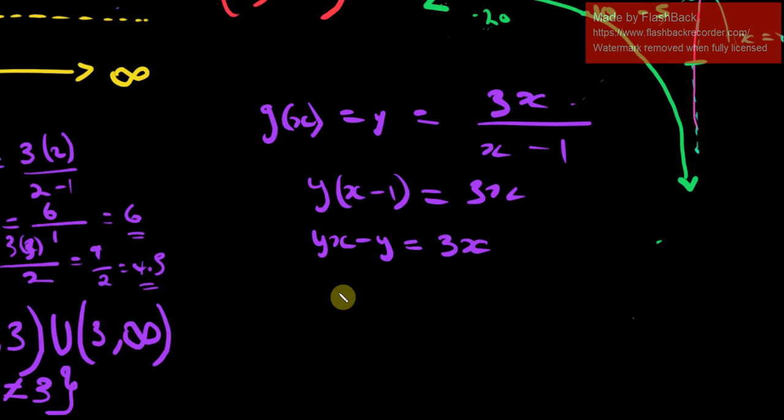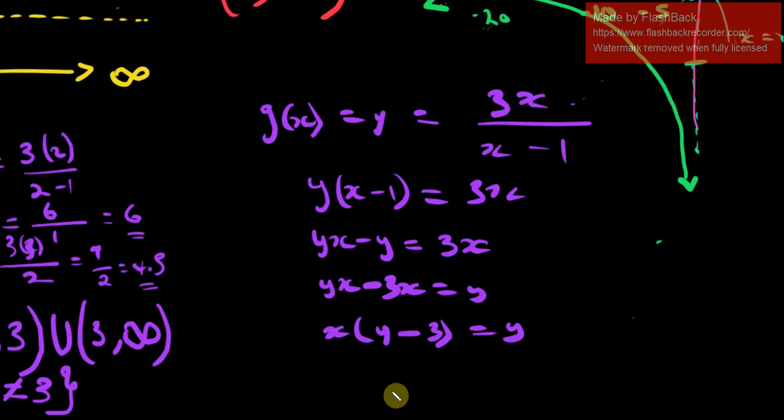Now xy minus 3x is equal to y. Factor out x: x times (y minus 3) is equal to y, and then x is equal to y over y minus 3.